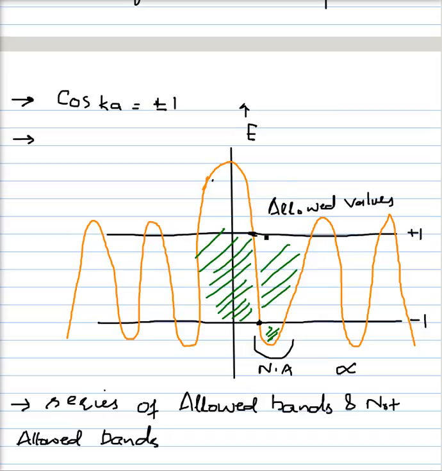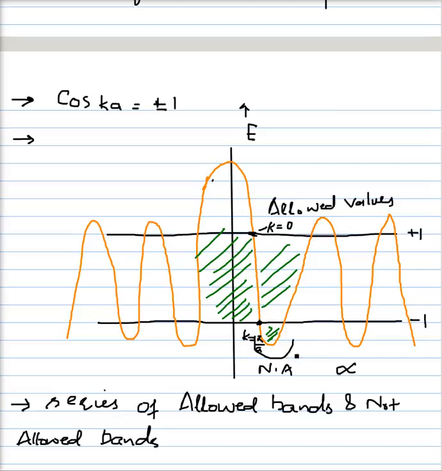Now this value tends for k equals to 0, and this is for k equals to pi upon a, because a into alpha will be equivalent to n pi, which we'll see when using the various cases.